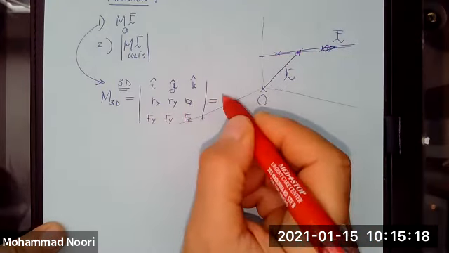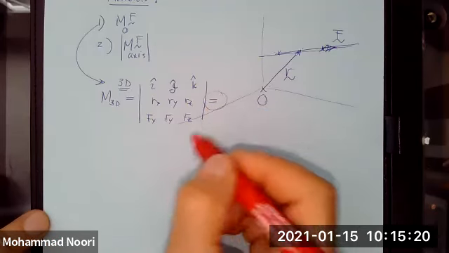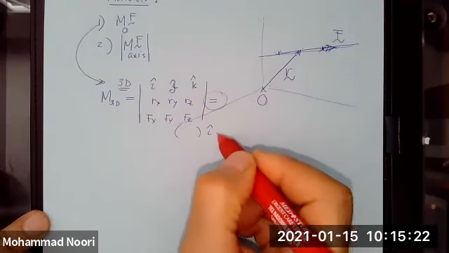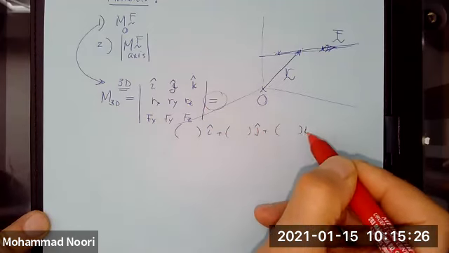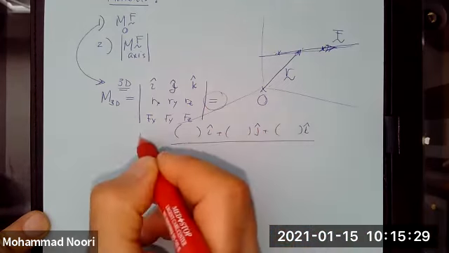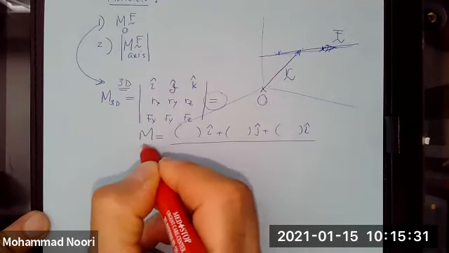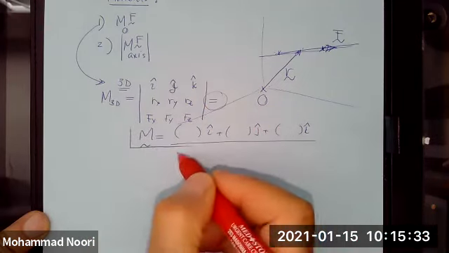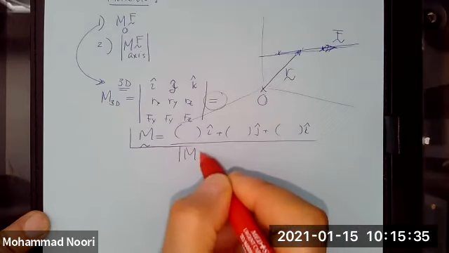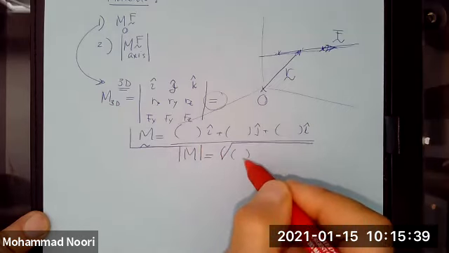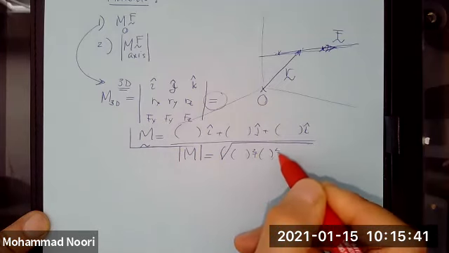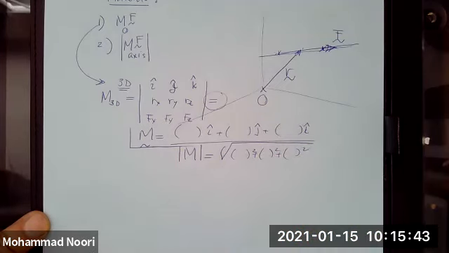The outcome of this determinant would be something like this, which is the vector equation for this moment, okay? And if you've been asked to find the magnitude, you just simply take the square root of the sum of the squares of the components.